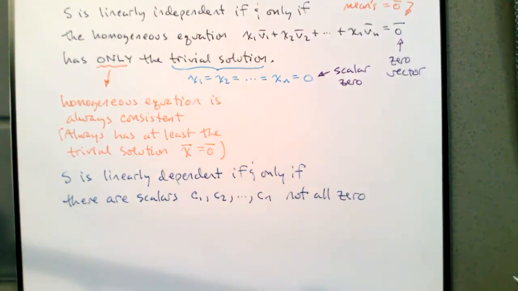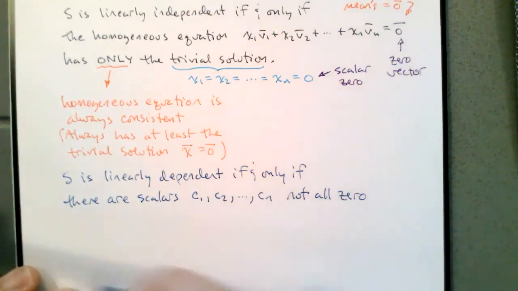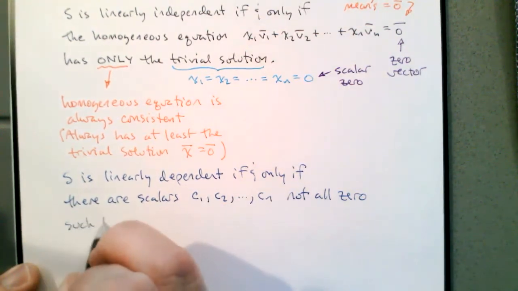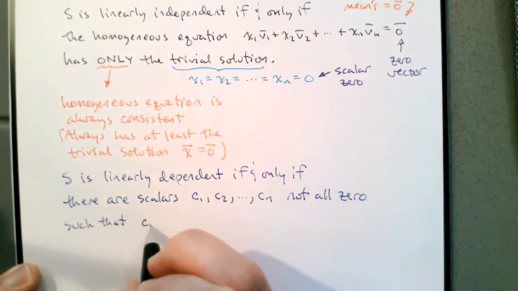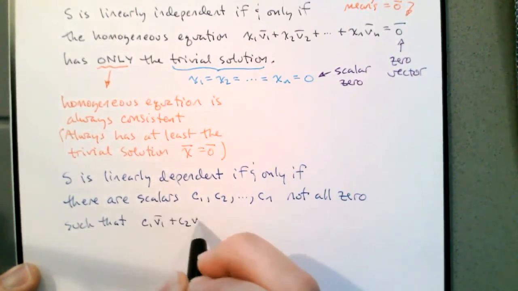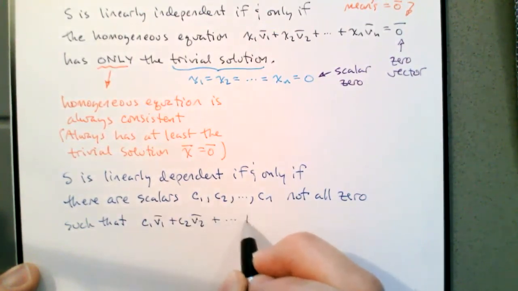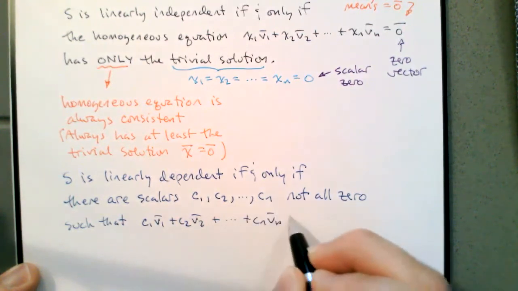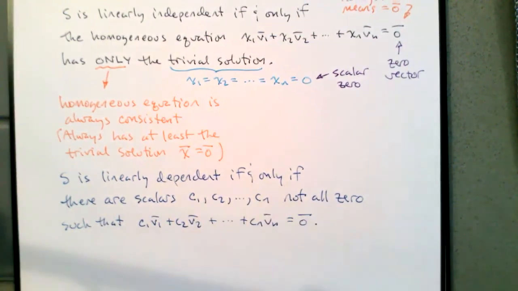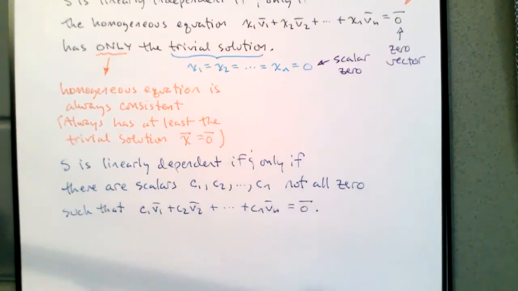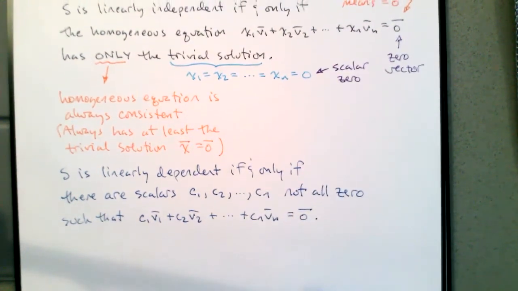Notice that this is very different than all not 0. This is not all 0. It has to be that order. There are scalars c1 through cn, not all 0, such that c1 v1 plus c2 v2 plus cn vn is equal to the 0 vector. That is to say, if the homogeneous equation has a non-zero solution, a non-trivial solution.